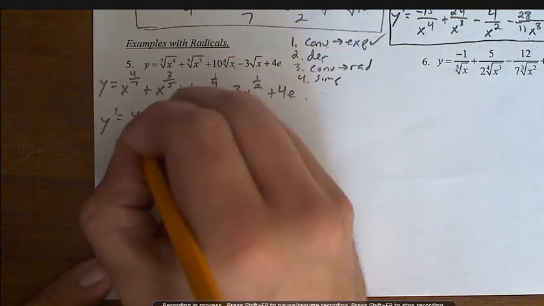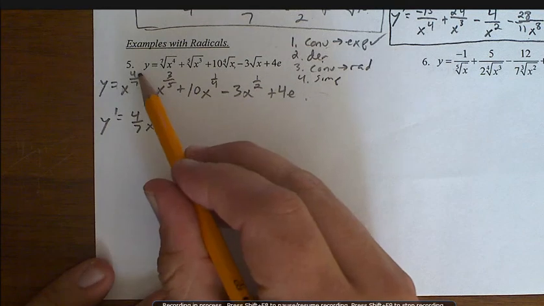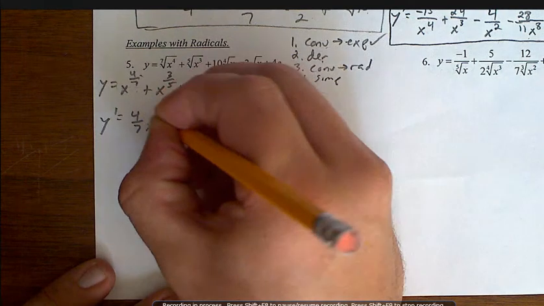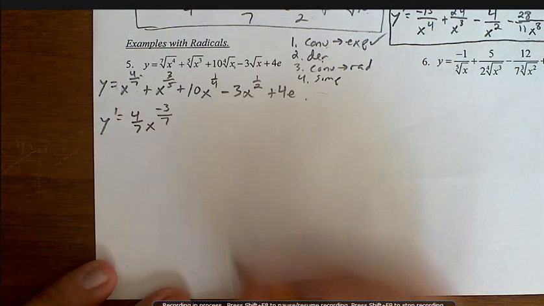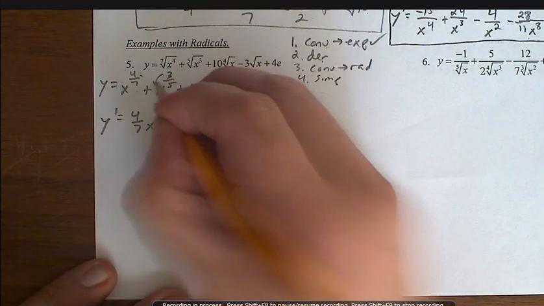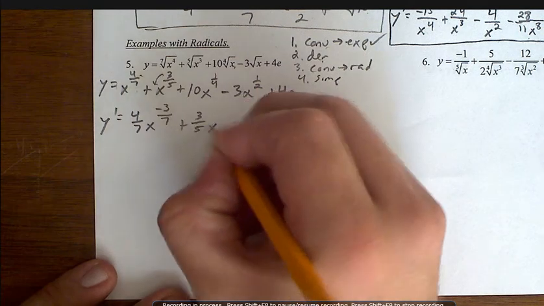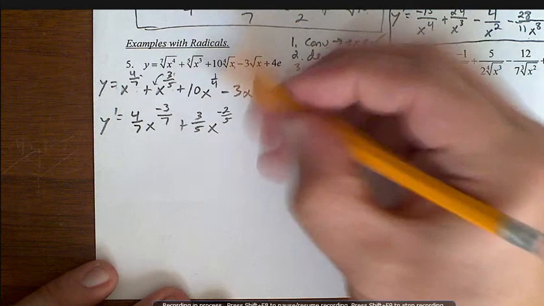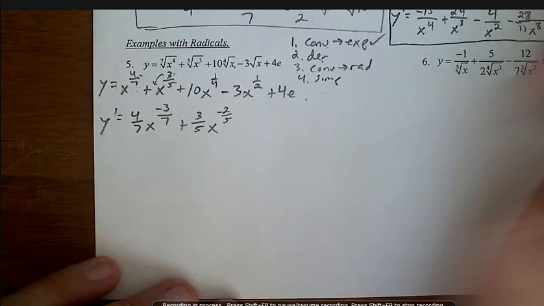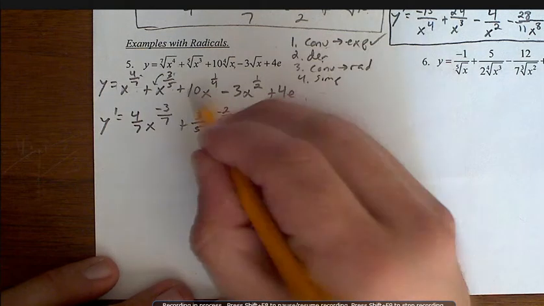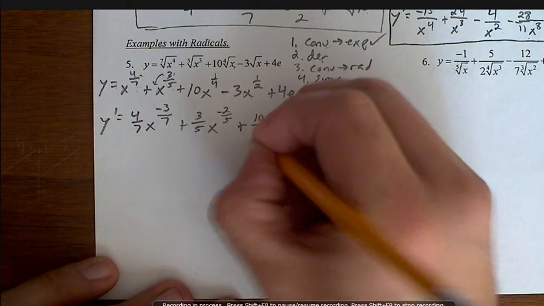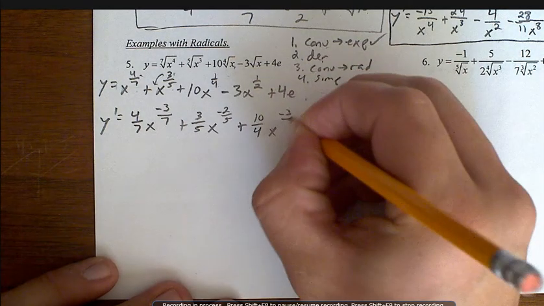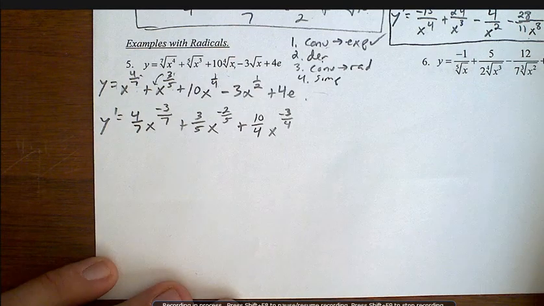So again, this is a simple way of subtracting 1 in your head. 1/4 times 10 is 10/4. 1 minus 4, negative 3/4. 1/2 times 3. Now the derivative of 4e, as we talked about in our logarithm unit, e is a number. So 4e is a number, so the derivative of a constant is going to be 0. So I did my derivative.